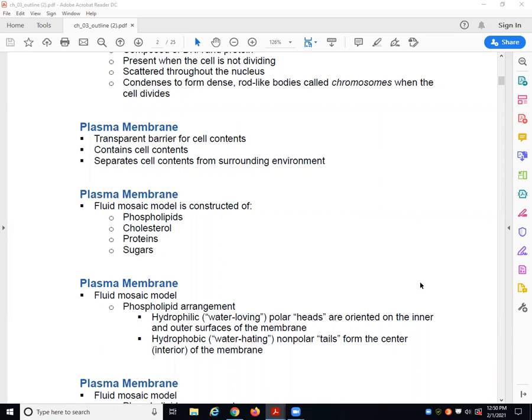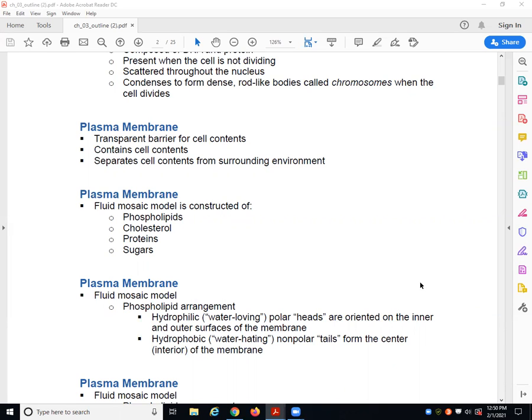I believe we talked about this briefly when we talked about phospholipids and lipids in the last chapter, but there's a concept called the fluid mosaic model. The plasma membrane is constructed of phospholipids, cholesterol, remember those are lipids, and we have proteins and carbohydrates or sugars. The fluid part means there's movement.